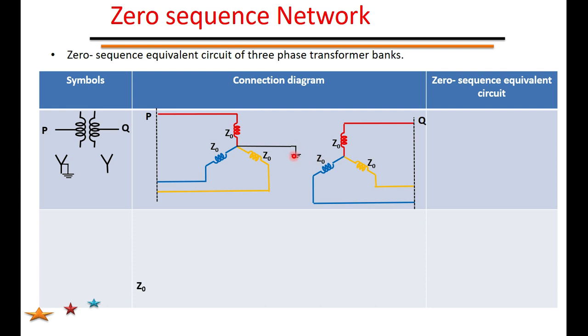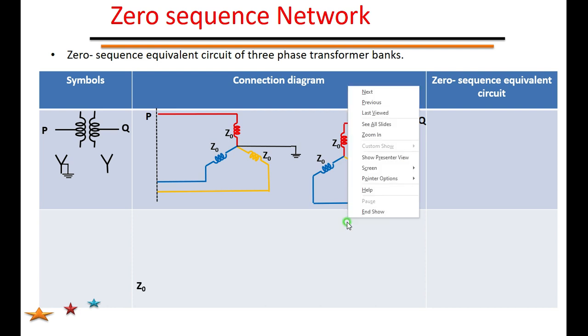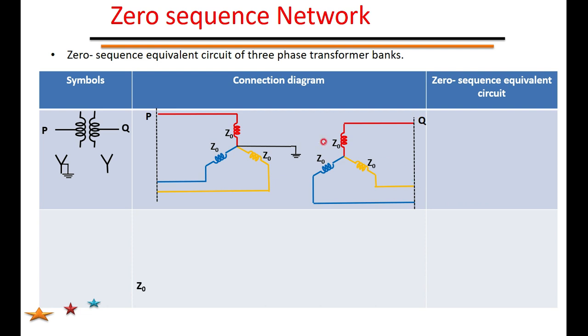I will show you with the direction of the ink here. Suppose the current is entering one of the phases here and the current is flowing into the ground. But from here there is no entry to the secondary side, because this particular secondary side is not grounded. Therefore, there is a break here.